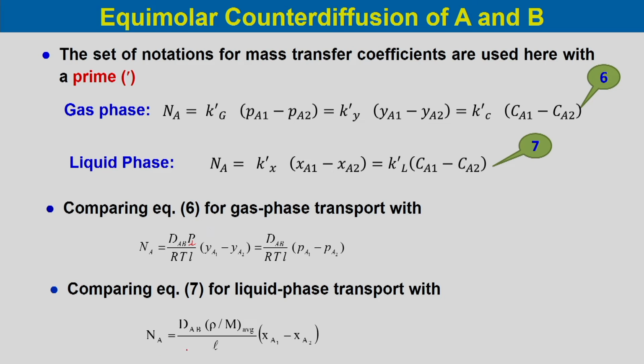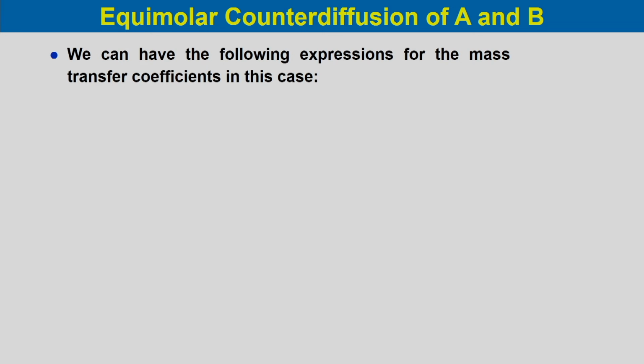NA would be equal to dAB rho by M average divided by L xA1 minus xA2. Then we can have the following expression for the mass transfer coefficient in this case.